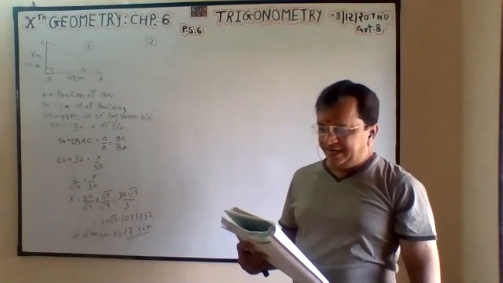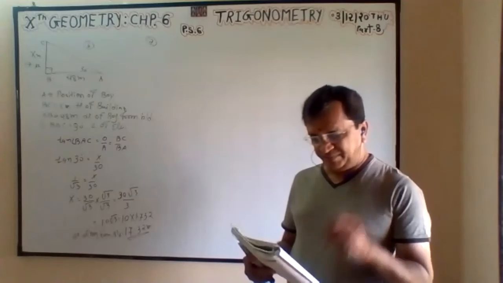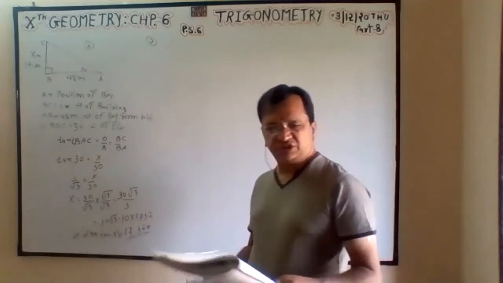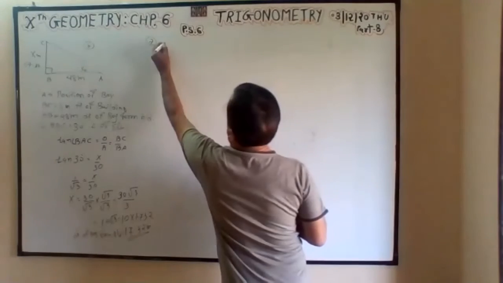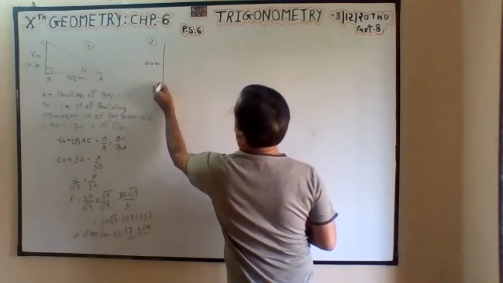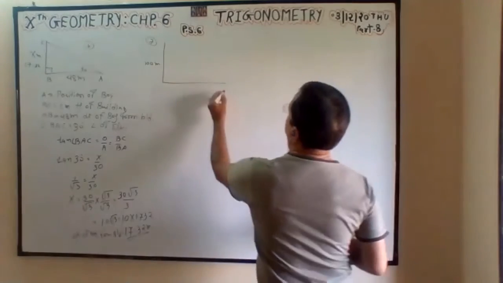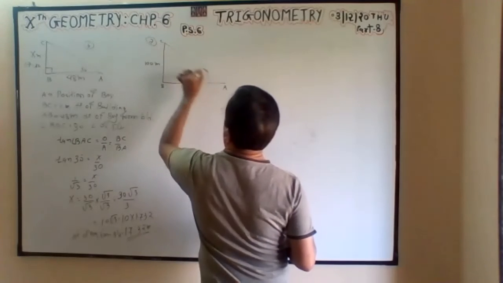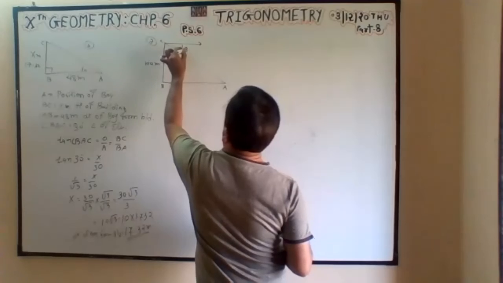From the top of the lighthouse, the observer looks at the ship. The angle of depression is 30 degree. The height of the lighthouse is 100 meter. Ship. Position of ship A. BC is the height of lighthouse. Angle of depression is given 30.